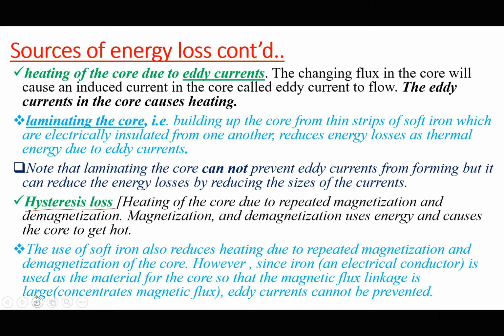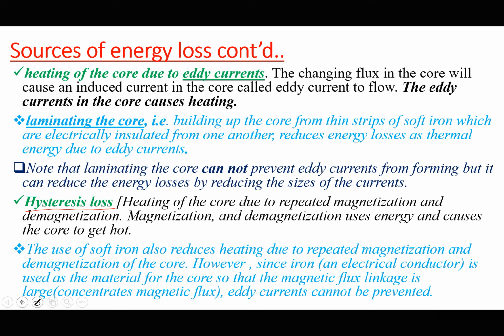We cannot avoid using soft iron in this case because it magnetizes and demagnetizes very fast. But if we cannot avoid using soft iron, then we cannot avoid eddy currents. The only thing we can do with eddy currents is minimize their effect.